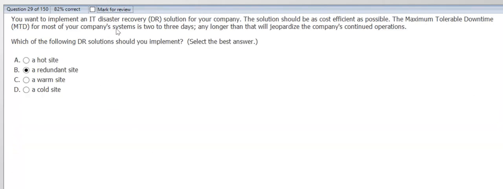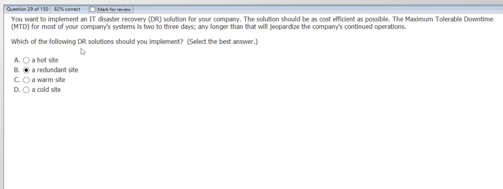You want to implement an IT disaster recovery solution for your company, and the solution should be as cost efficient as possible. So here we have to focus on the cost efficiency. The maximum tolerable downtime for most of your company systems is 2 to 3 days. Any longer than that will not be good for the company's continued operations.